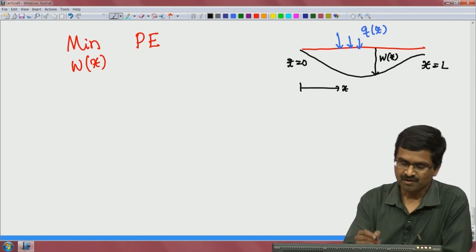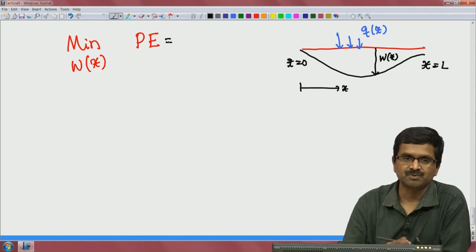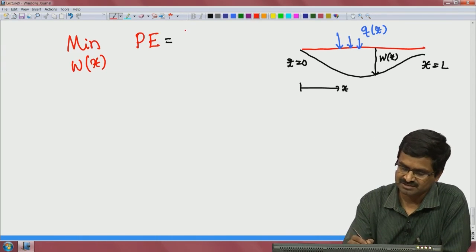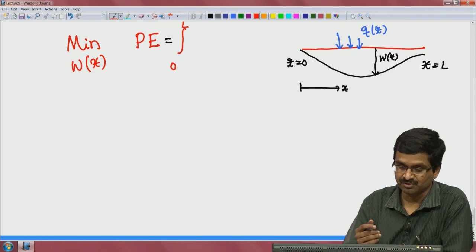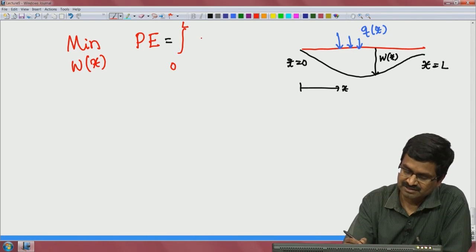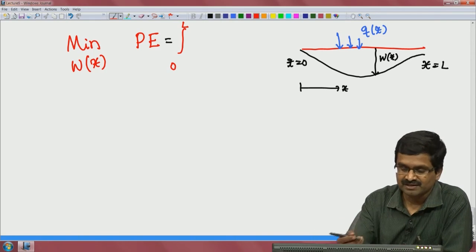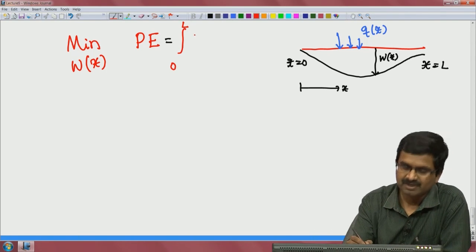How do we find it? We find it by minimizing this potential energy. The potential energy we will write from 0 to L. So, for what we are writing x1 to x2 becomes 0 to L. Potential energy, we will discuss later how we get the expression I am going to write. For now, let us just take it.